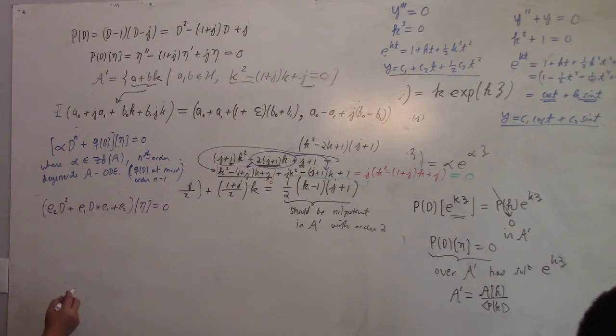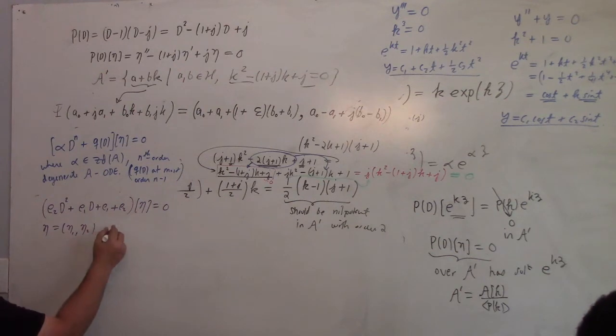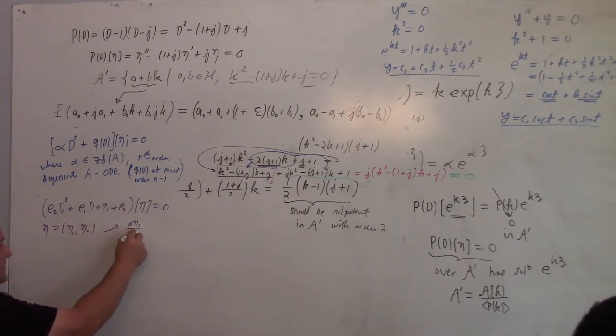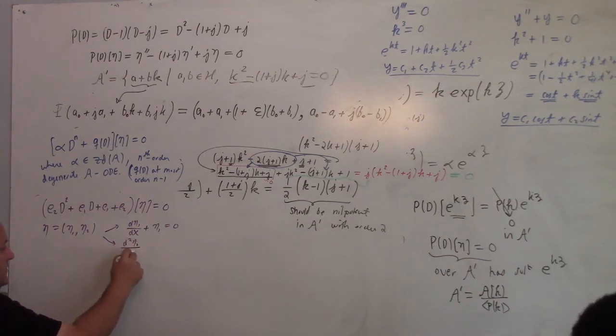And so if I let my eta equal to eta 1, eta 2, because we're in the direct product algebra, then this becomes d eta 1 dx plus eta 1 equal to 0, and d squared eta 2 dy squared plus eta 2 equal to 0. So we can solve those.